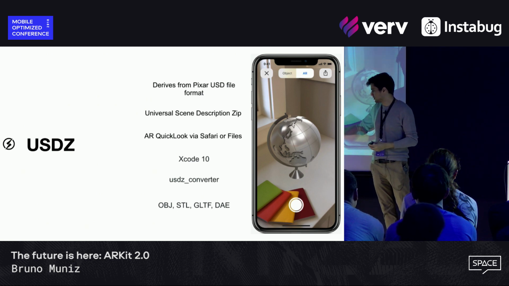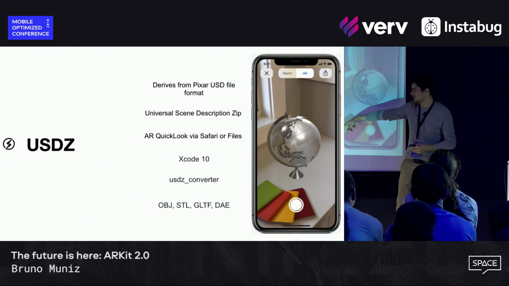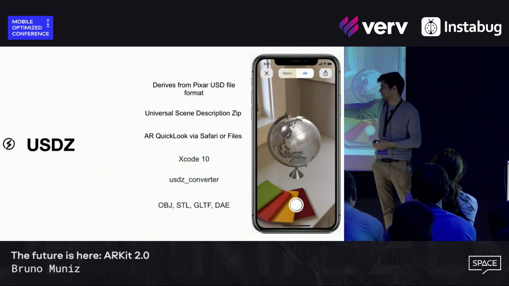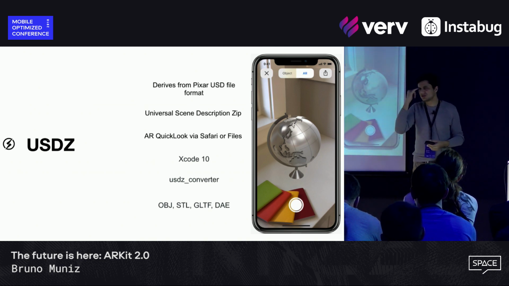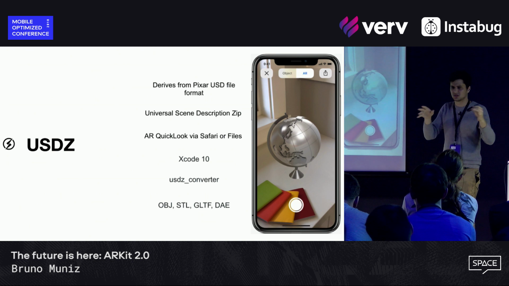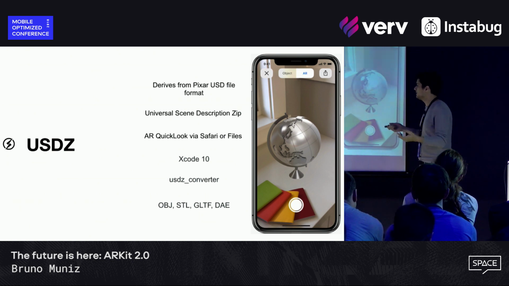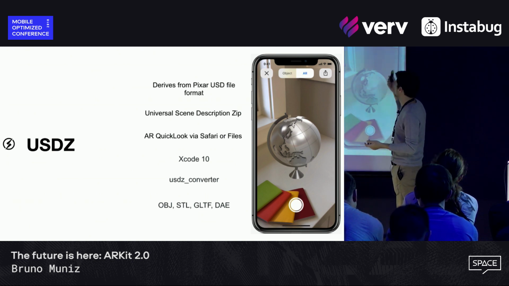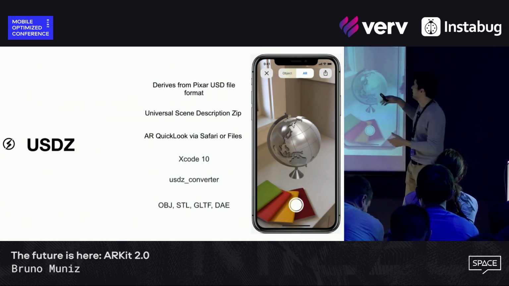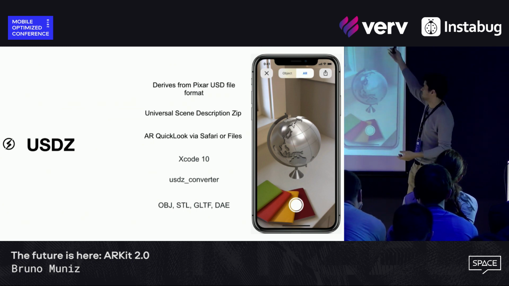Then if you export to any one of these extensions here, you can convert into a USDZ by using the USDZ converter. There are also some easier tools if you don't like to use the terminal. And that's cool. You can share it, check just the object here, and put it in the real world by using AR.